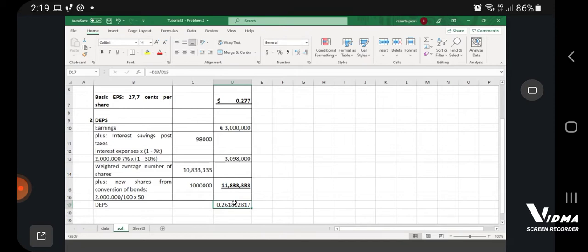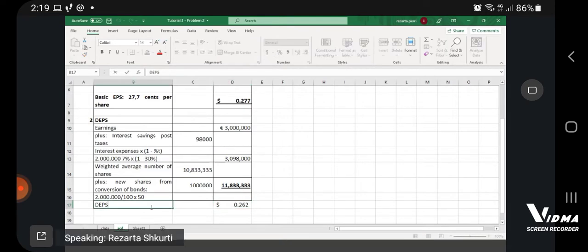And we have here a diluted earnings per share of 26.2 cents. Any questions so far? 26.2 cents per share.